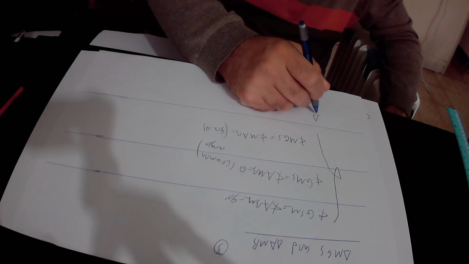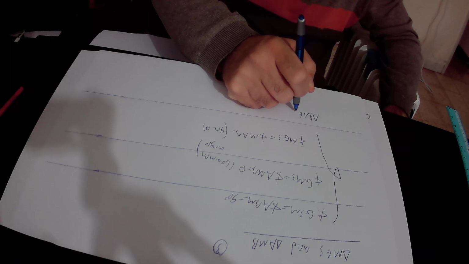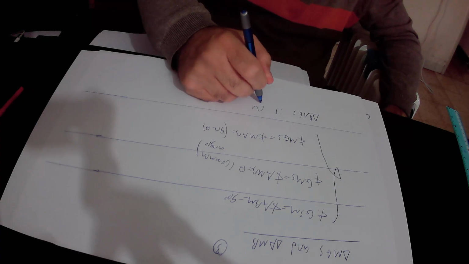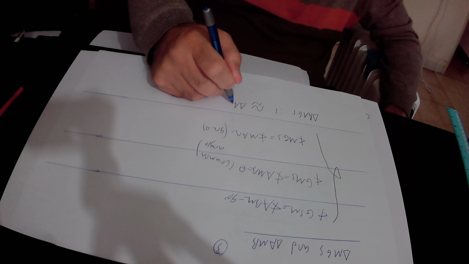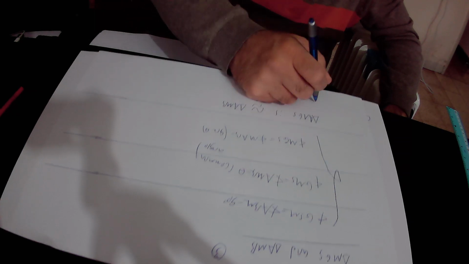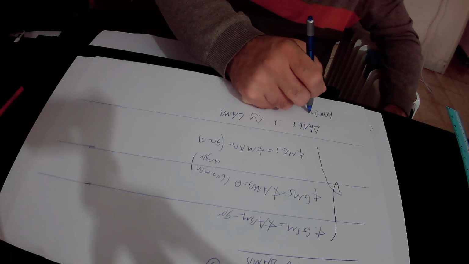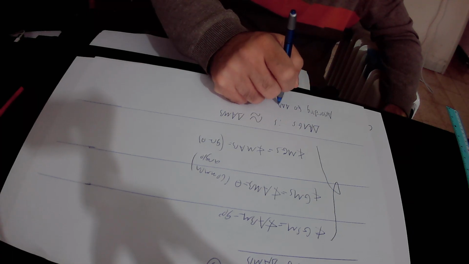So the big triangle MGS is similar to the small triangle A and B according to the angle similarity rule.